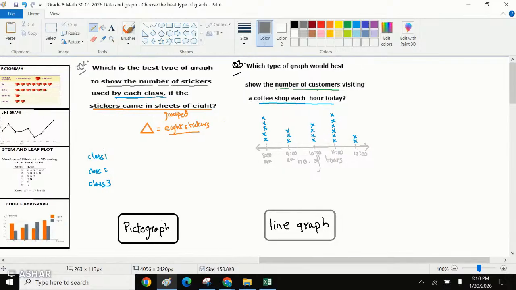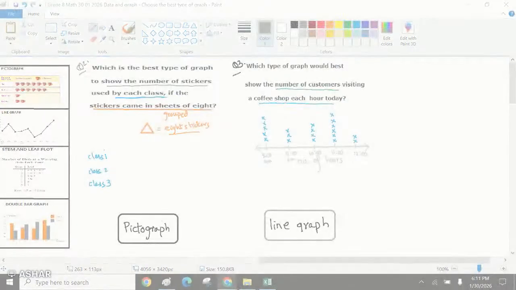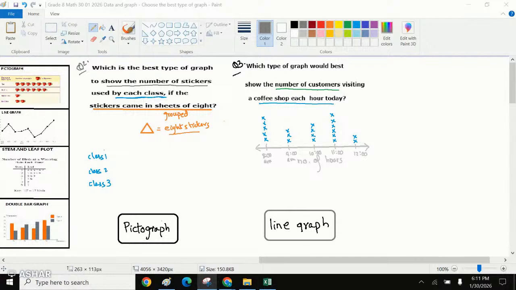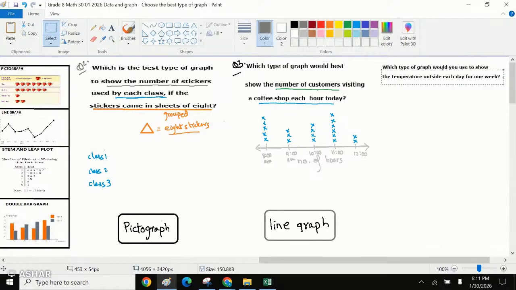So for right now, what we are trying to find is what should be the best way to represent this information. For the next question, it says, which type of graph would you use to show the temperature for each week? Just a moment. So which type of graph should we be using to show the temperature for each week?